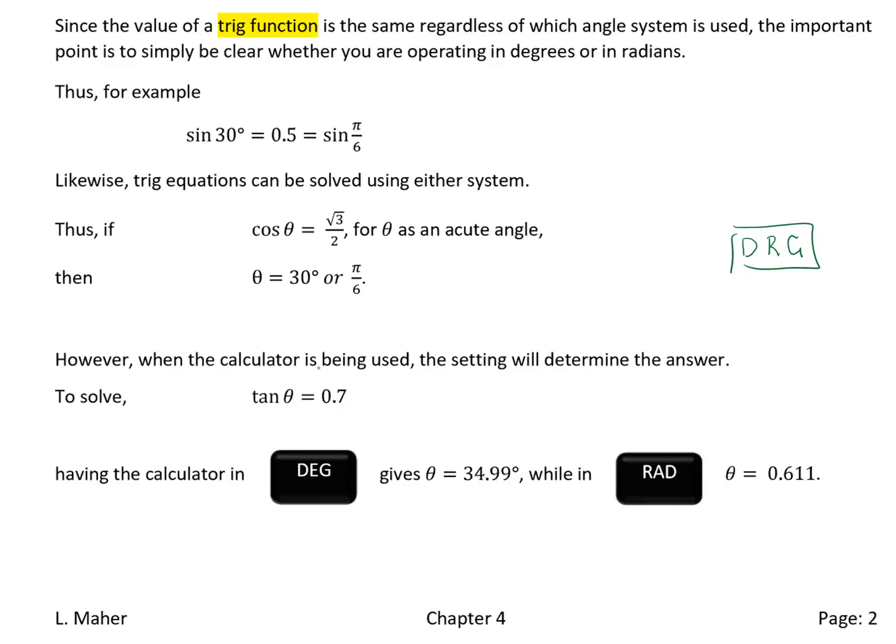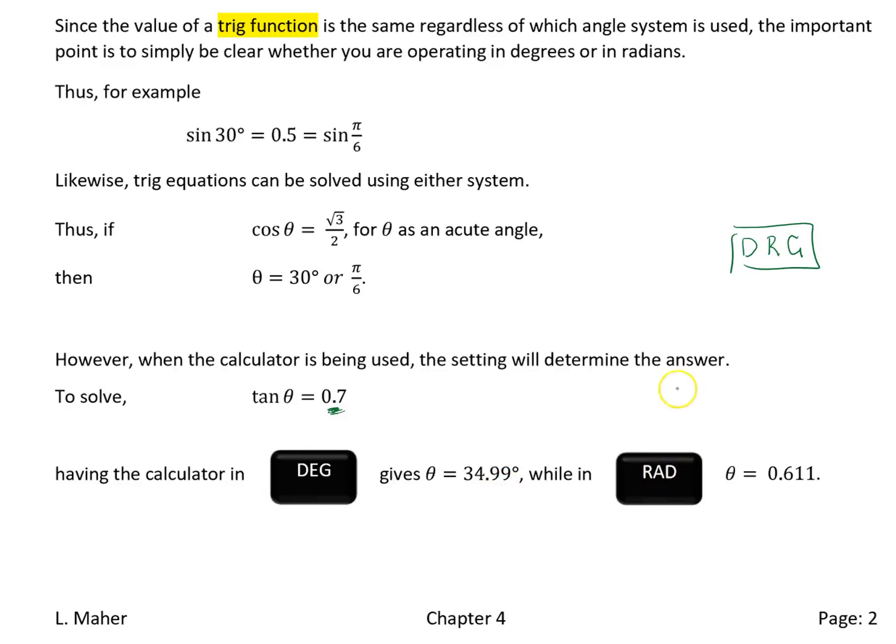If your calculator is set to degrees, it will give you the angle in degrees that has a tan ratio of 0.7. So this is not a radian, this is the tan ratio. So your calculator would tell you that the angle is 34.99 degrees, and you might check that.